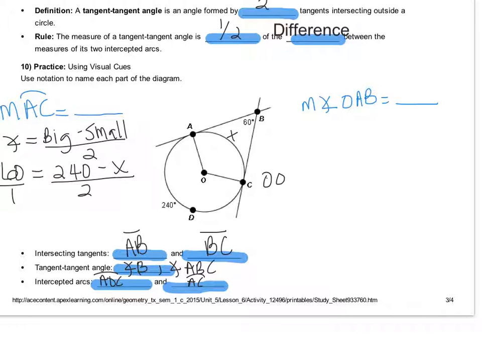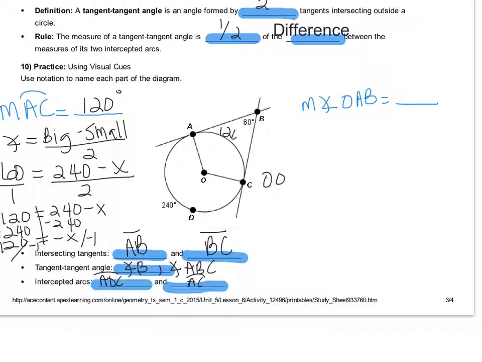Once again, to get rid of the fraction, put 60 over 1 and then cross multiply. 60 times 2, 120, equals 240 minus X. I would subtract 240 on both sides, and I would end up with negative 120 equals negative X. So X in this case, once you divide both sides by negative 1, is 120 degrees. So this arc right here is 120 degrees.